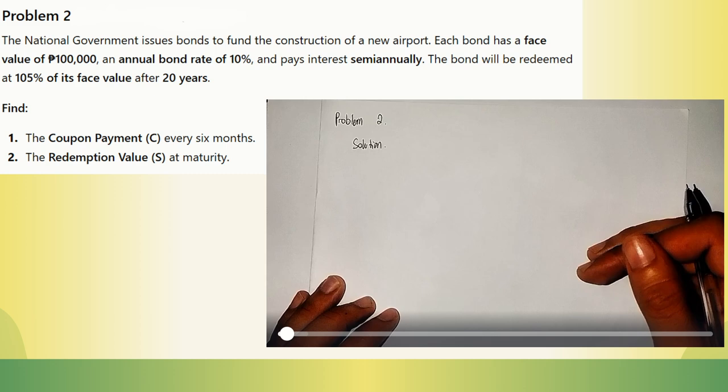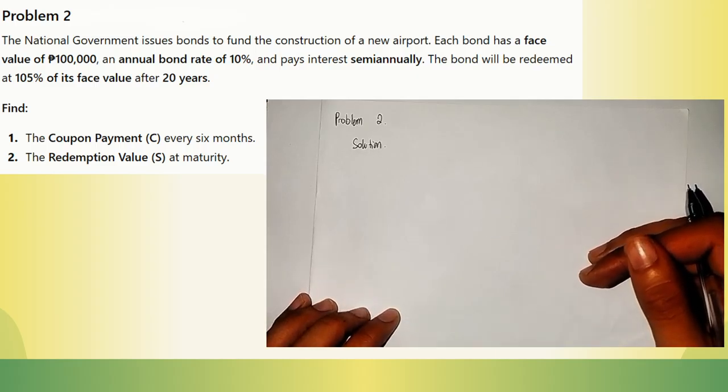The bond will be redeemed at 105% of its face value after 20 years. Now, again, find the coupon payments every 6 months and the redemption value at maturity. So, let's view the video of my solving on how to solve this problem.